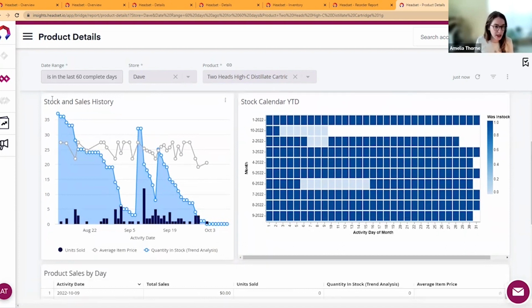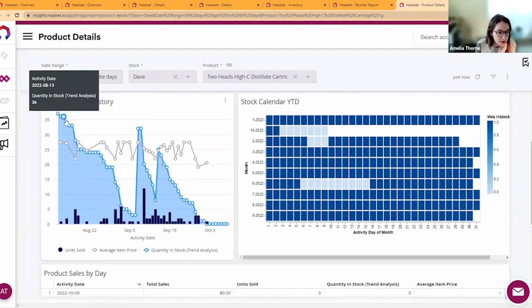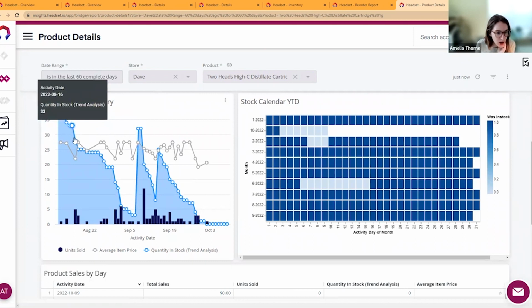The one graph I really like in this product details, and something that could really help understand from a pricing perspective, from a stock and sale history perspective, is this graph here, stock and sale history. The dark blue bars are the units sold each day. The light blue chunk here is the quantity in stock.